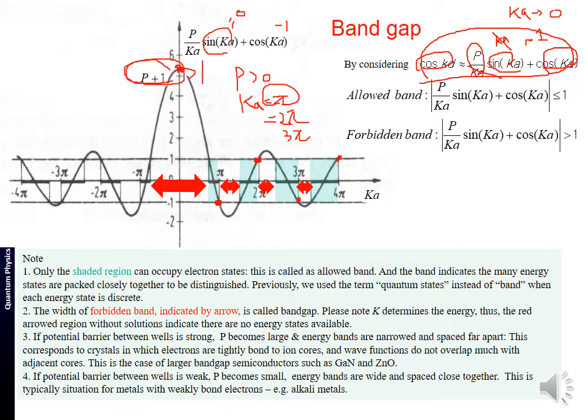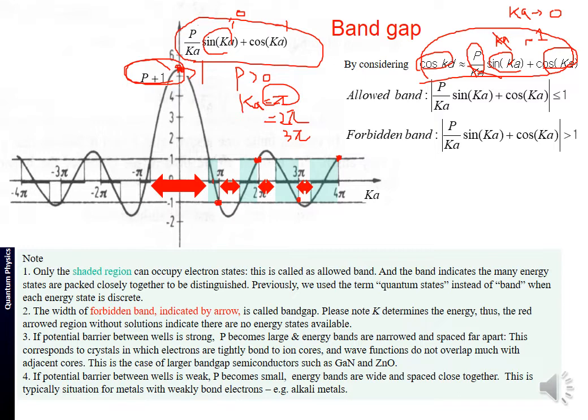So this function should pass through the P plus 1 point, and then here, and here, and here. It should go through those dots. So in that way you can draw the curve.